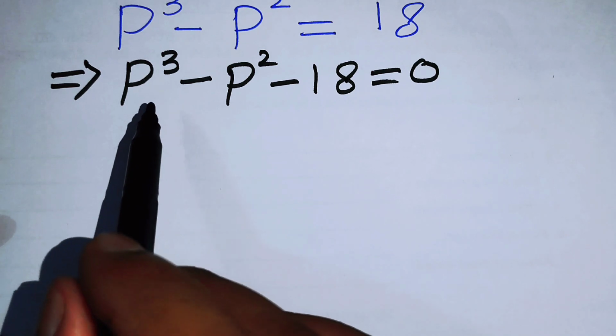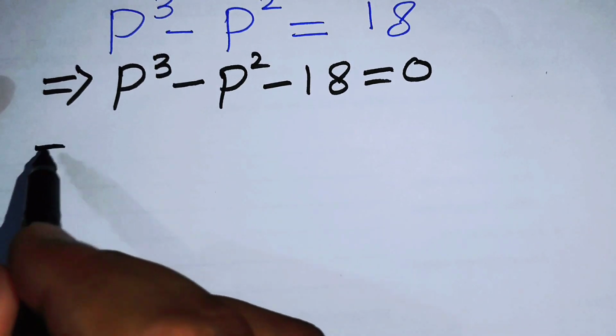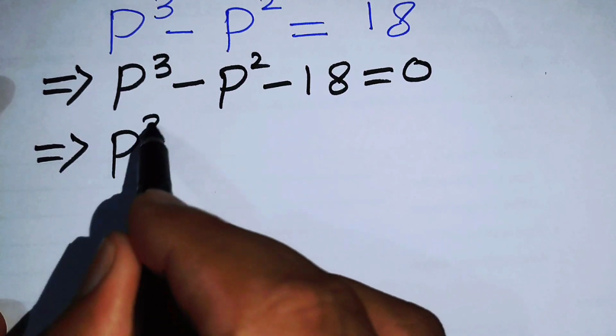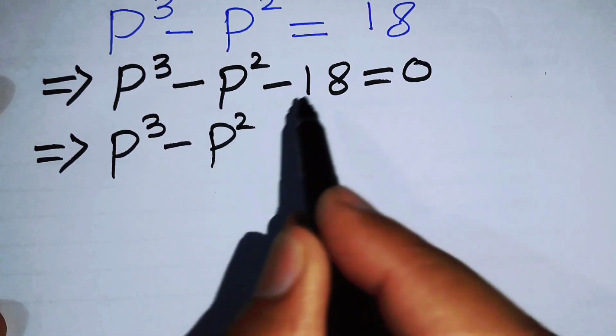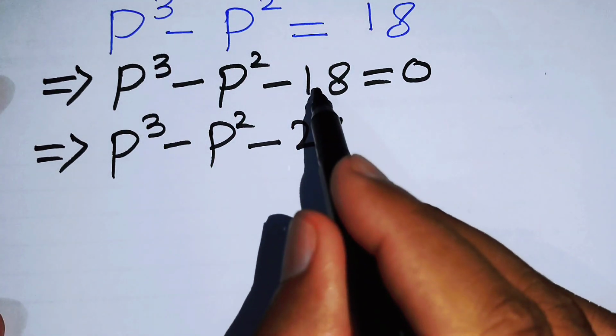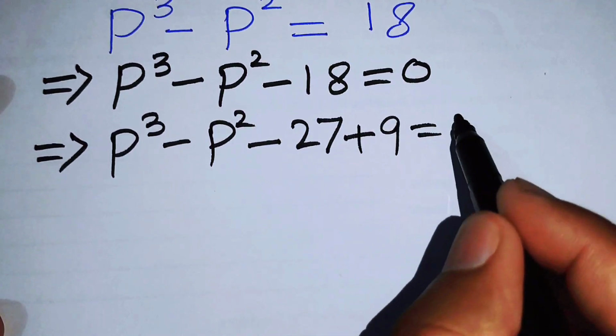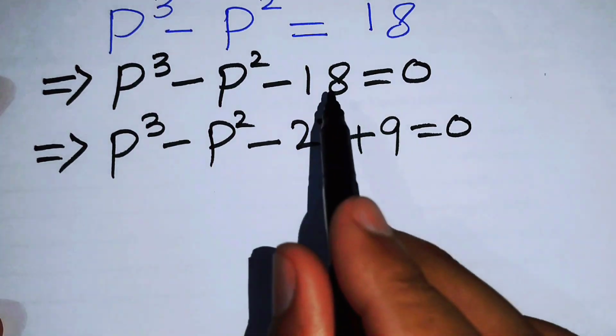After that, we need two numbers, one we can write in cubic form and one in square form, so we will write this minus 18 as minus 27 plus 9 is equal to 0. Minus 27 plus 9 is minus 18.